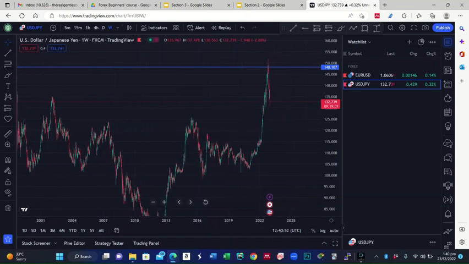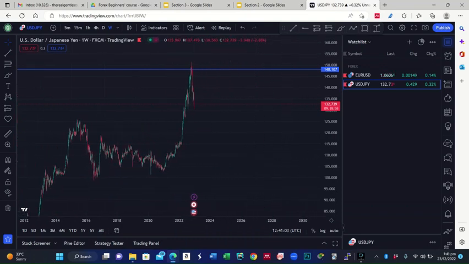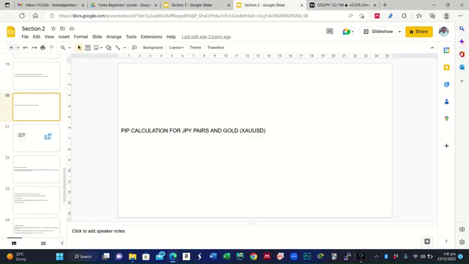It means there's every presence of bears in USD JPY pairs. So they are currently selling the pair and it is trending downward. It is shorting, which means to sell. So I hope you understand it now. I just thought to share it with you on the chart for you to have a clearer understanding of it. So that is it. Now let's go back to our topic for this section.